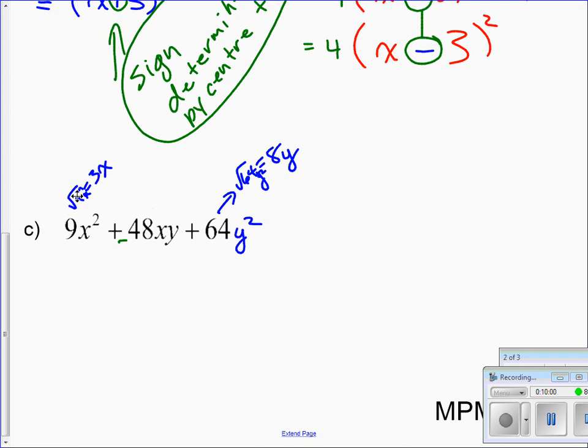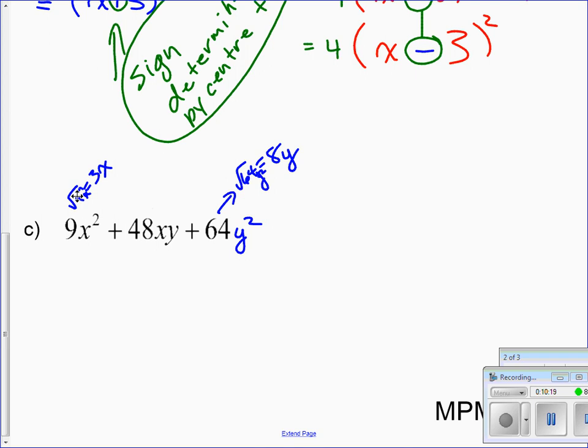Now when we take 8y and 3x and multiply them together, you're going to get, you guessed it, positive 24. Now positive 24 times 2, based on our song, square the first, square the last, multiply and double, will give us 48xy.